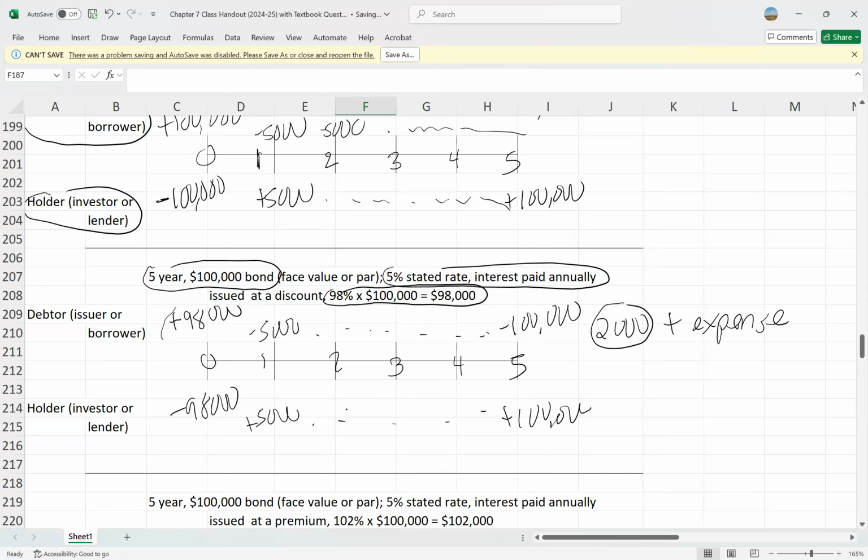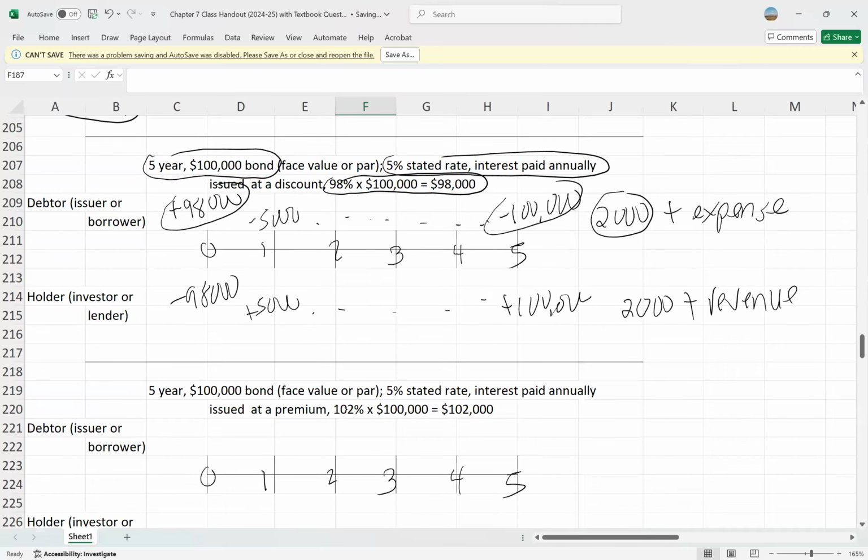They're only going to get 98,000, but they have to pay back 100,000. So this 2,000 is going to be additional expense for the debtor, but for the holder it's going to be 2,000 extra revenue. So once again, just a simple bond example, just to refresh our memory about discounts and premiums.